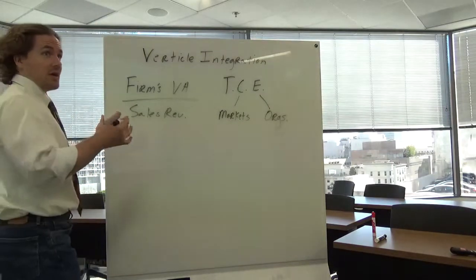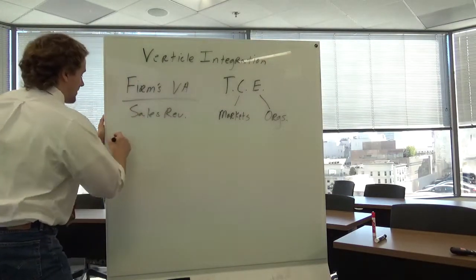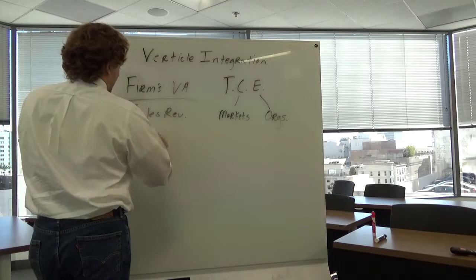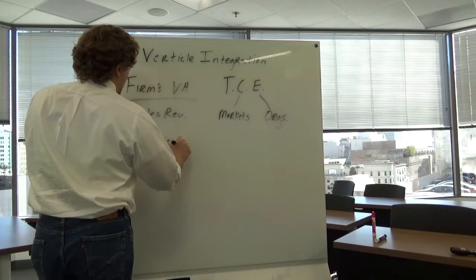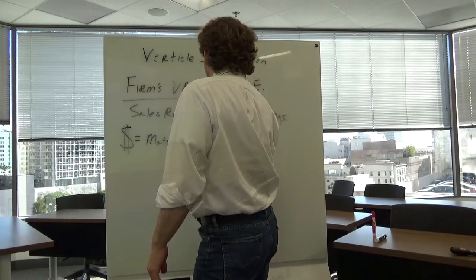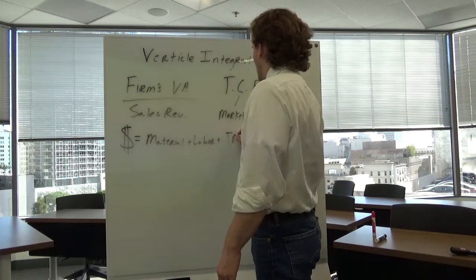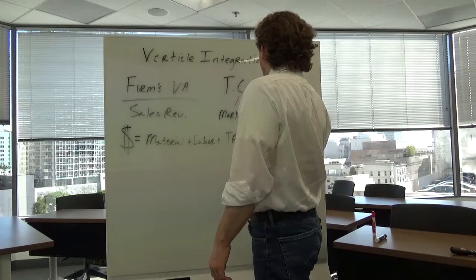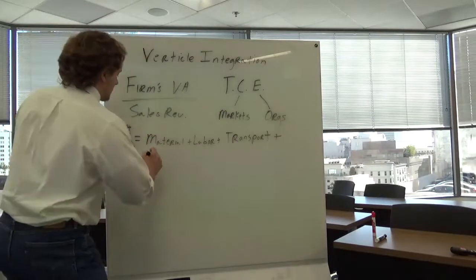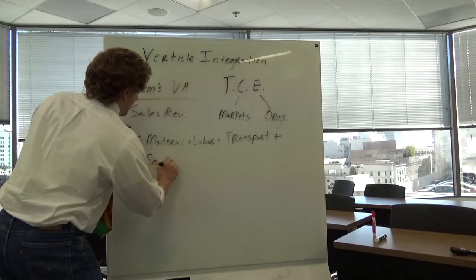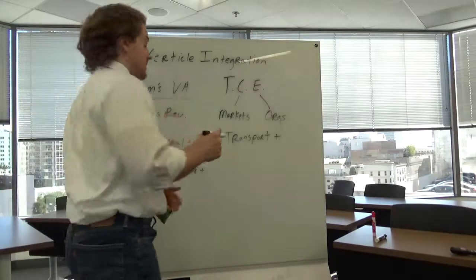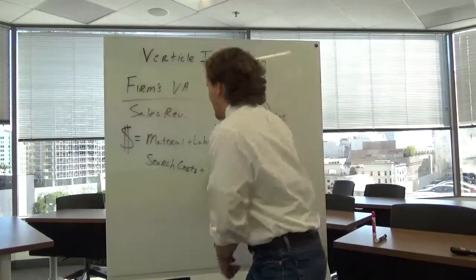The total cost of any individual component in the value chain would, of course, be equal to the material plus labor plus transportation plus search costs to do it in the market plus administrative costs.